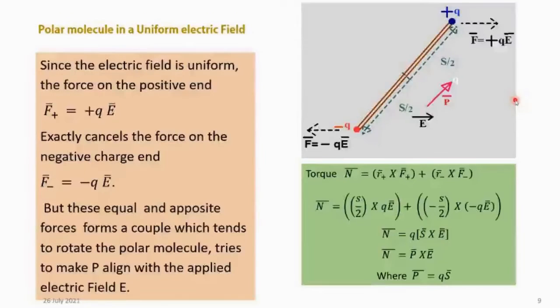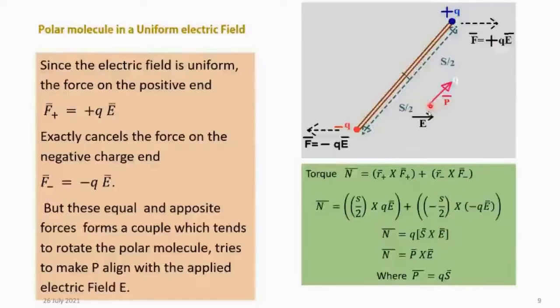So torque is written to get that turning moment. Torque n bar is written as r plus, that is the distance s by 2, multiplied by the force at the positive end, that is q e bar. Then the other distance comes into the picture, now the r bar.